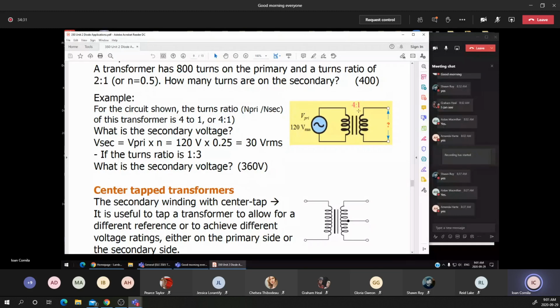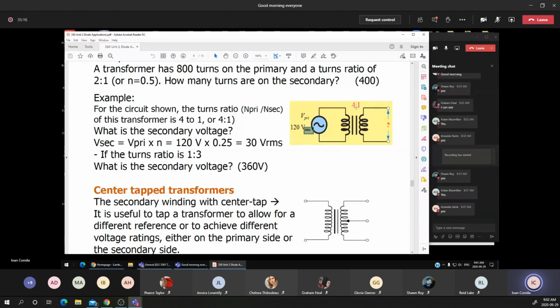Now, the question is how we can determine the secondary voltage if the input voltage is given as 120 volts, but pay attention, it's in RMS, as the primary voltage. What is the output voltage? The output voltage is the secondary voltage, which is actually the voltage that is supplied to a rectifier. Having a turn ratio of 4:1 means that the voltage is lowered by a ratio of 1:4, which is 0.25.